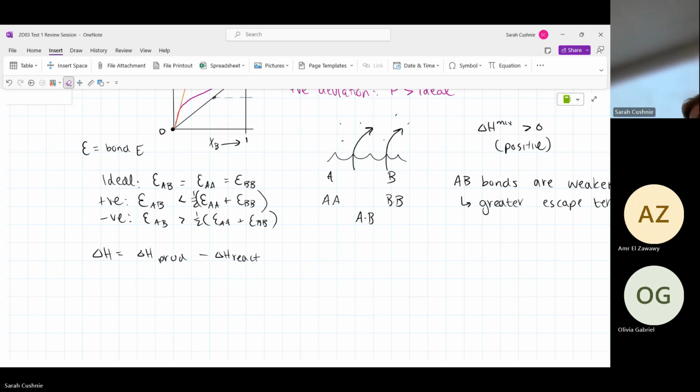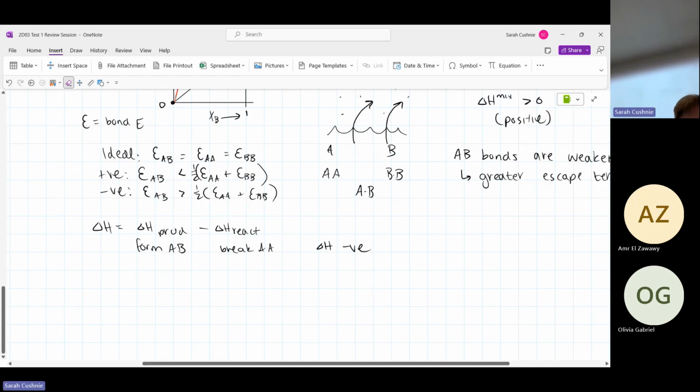So basically we have to break all the bonds in AA, and we get to form AB.